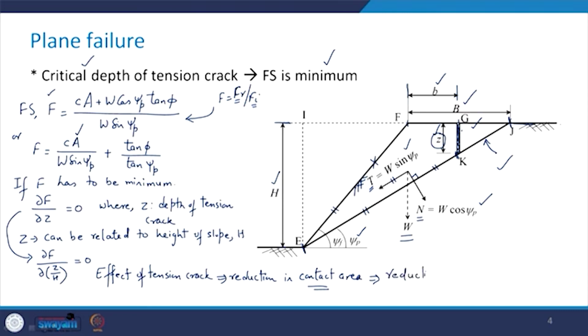There is going to be a reduction in the term C into A, and this would result in the reduction in the factor of safety, which we are denoting by F. If this term reduces, it will have a direct effect in reducing this F. So, it is important for us to take care of this reduced area and use this in the analysis when the tension crack is present.